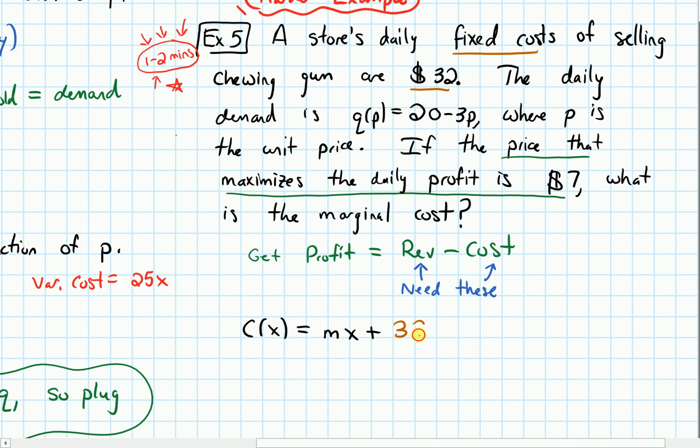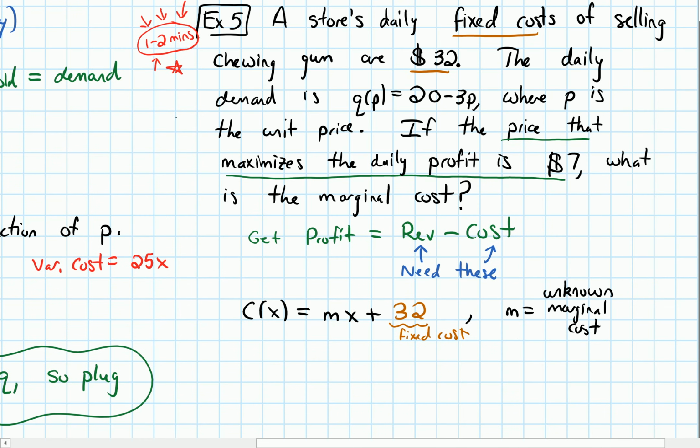So that's what goes here, 32, the fixed cost. And m is the unknown marginal cost. Okay, so we have cost as a function of x.